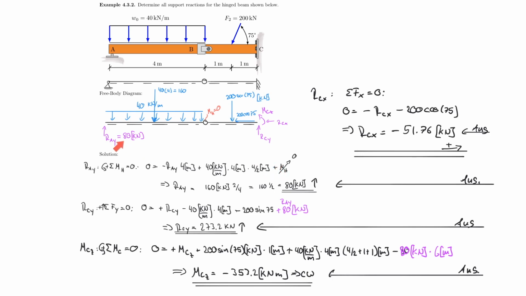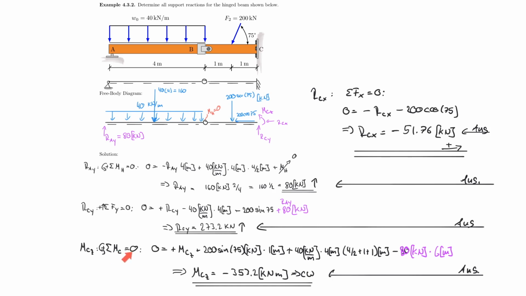And once we had that, everything was a walk in the park because we did not have to change any logic. We just applied this force as an external force. It's just like a cantilever with a force of 80 kilonewton acting here. And so we were able to find the vertical support reaction, and then to find the moment at this location, we actually took the sum of the moments about that point.